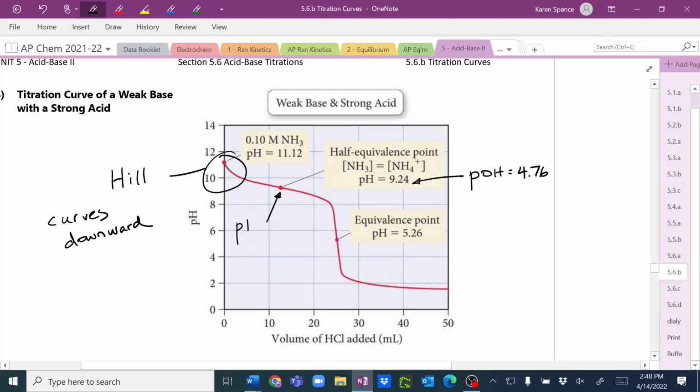Yes, because remember, pOH is equal to pKb plus the log of A over B. And at the half equivalence point, A is equal to B.